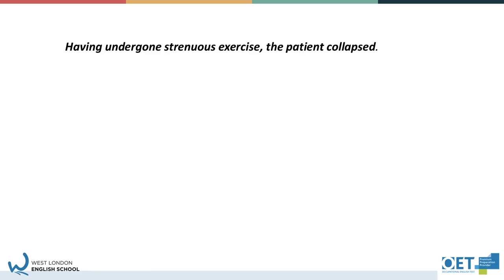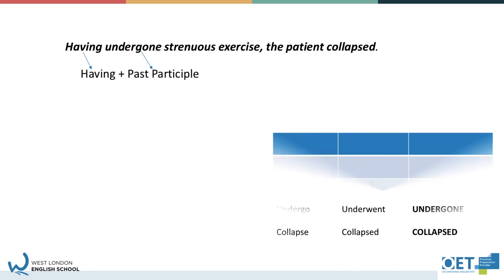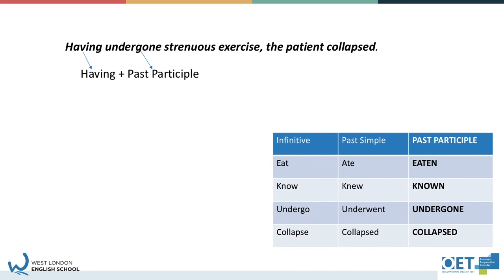Here's another example. Having undergone strenuous exercise, the patient collapsed. So how we make this structure, this sentence, we use having and we use the past participle in the first clause. Just a quick reminder of what the past participle is. It's the 3rd verb form in English.